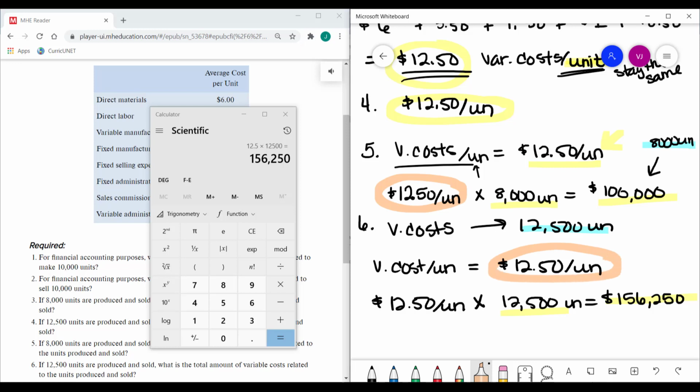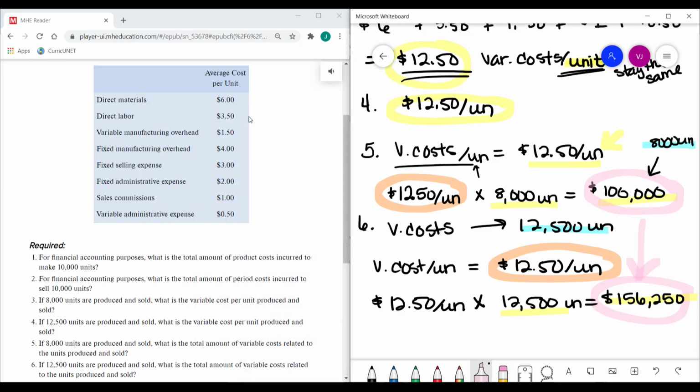But when we went from 8,000 units to 12,500 units, what did change? What didn't stay the same? When we went from 8,000 to 12,500 units, our variable costs in total varied. As activity went up from 8,000 units to 12,500 units, so did our total variable costs. That's a proportionate relationship.